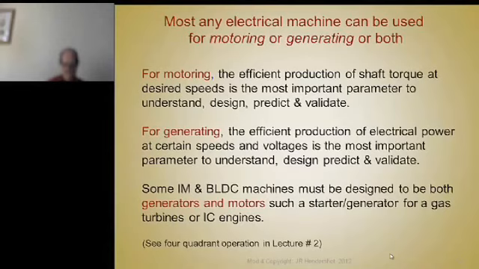Then once the engine ignites and starts to motor itself, usually this electrical machine is still motoring to get the jet engine up to speed as fast as possible. So both are motoring. But once it gets up to some higher speed, then the starter aspects of this electric machine switch over and it becomes a generator. It's not motoring anymore, it's generating electricity, and the prime mover, the jet engine, is supplying all the torque.